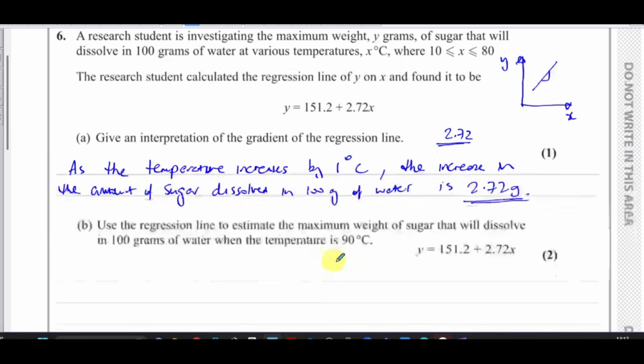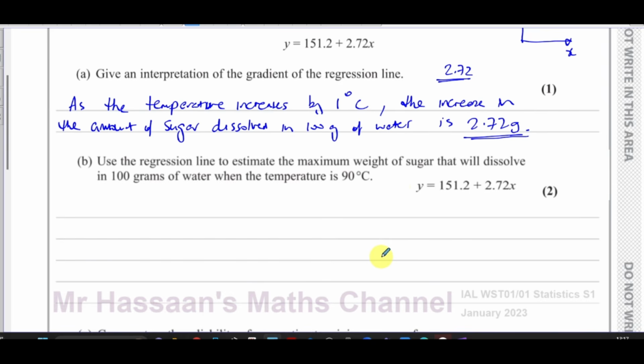Then part B says use the regression line to estimate the maximum weight of sugar that will dissolve in 100 grams of water when the temperature is 90 degrees Celsius. So basically you want to find what happens when x is equal to 90. So y will be 151.2 plus 2.72 times 90.